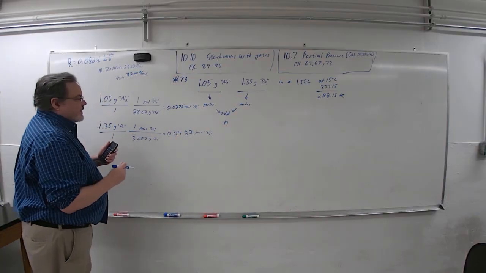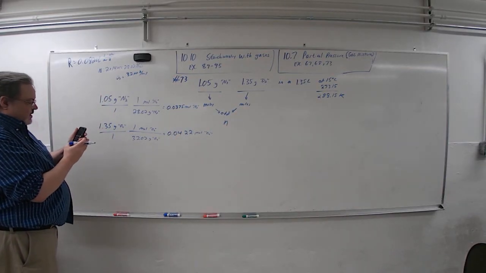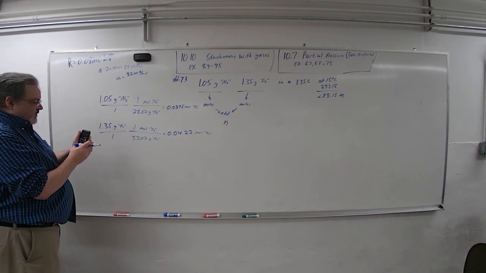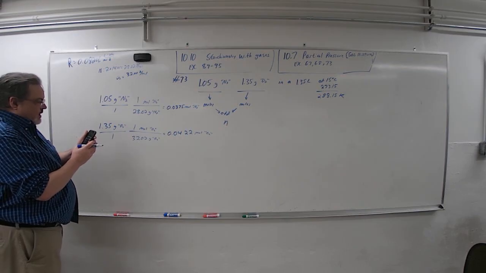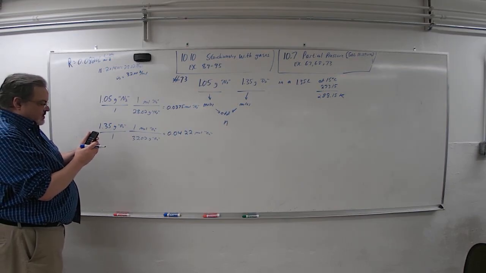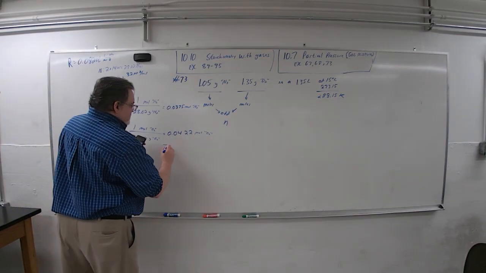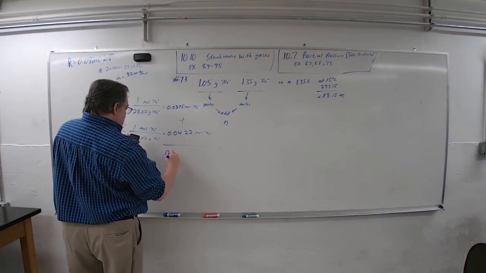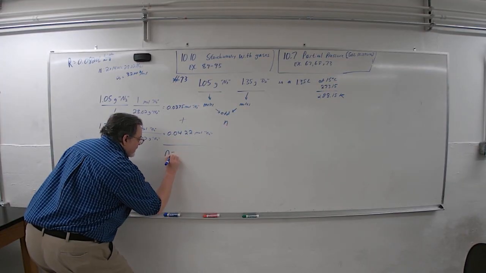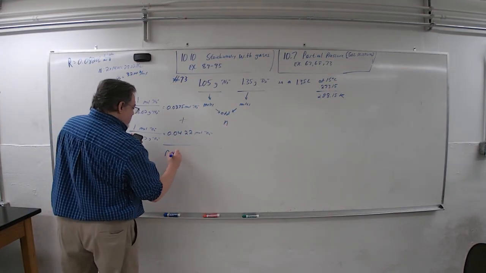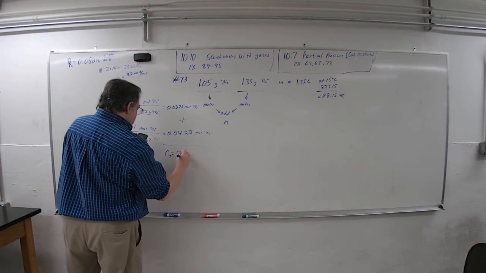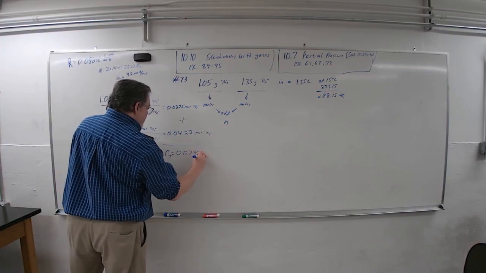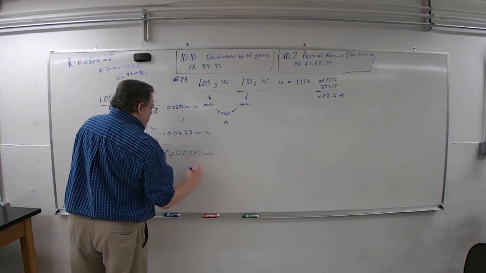So now that we have both of those, we can add them together. 0.0375 plus 0.0422. So total, I'll say n total equals 0.0797 moles of gas.